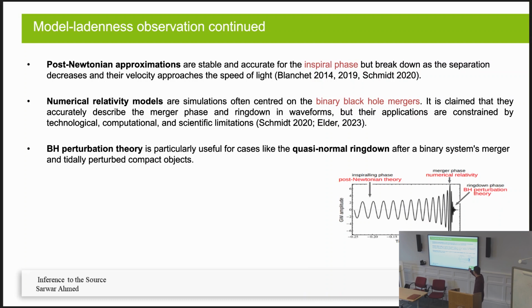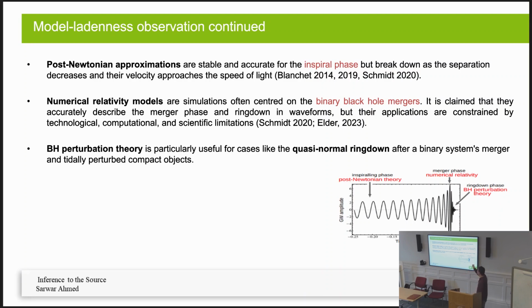As you see from the picture, the merging process is divided into three phases: the inspiral phase, merger phase, and ring down, and different models are used for these different phases of the merger. You have the post-Newtonian approximations, mostly for the inspiral phase, but they break down when the separation decreases and the velocity approaches the speed of light.